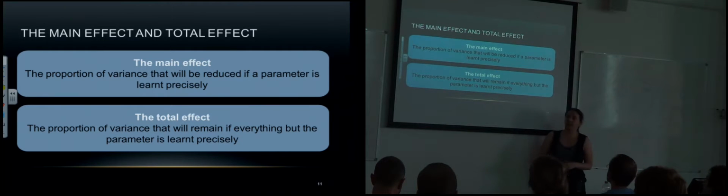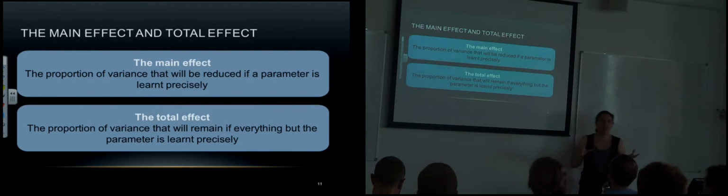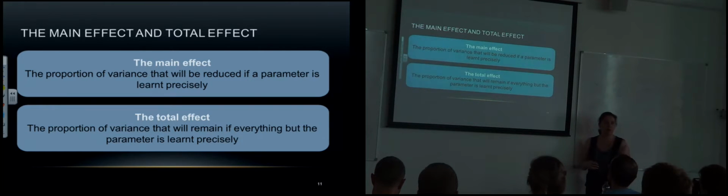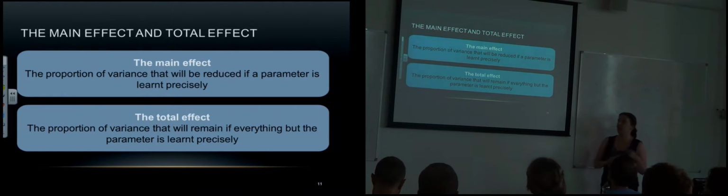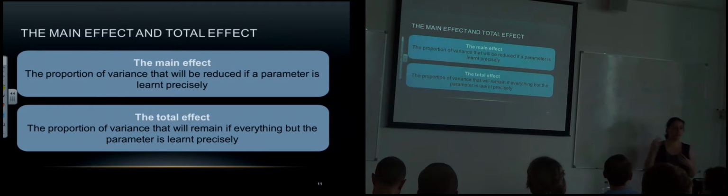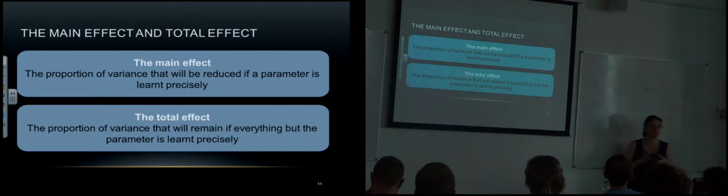The main effect, I'm not going to go into the technical detail of it, but essentially what we know is that it is the proportion of variance that would be reduced if we learnt that parameter precisely. Okay, the total effect is measuring how much variance would remain if we learnt every other parameter precisely and not that one, and that then includes your interactions.